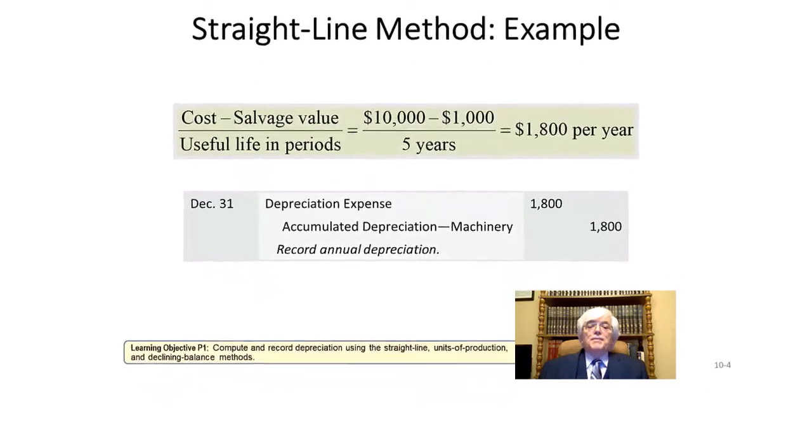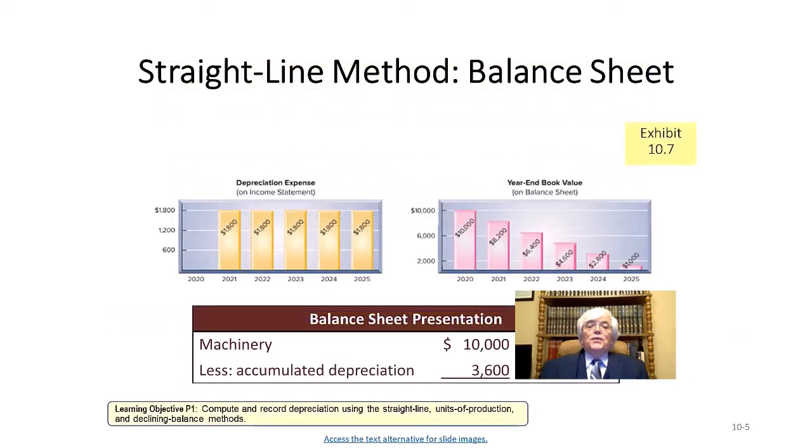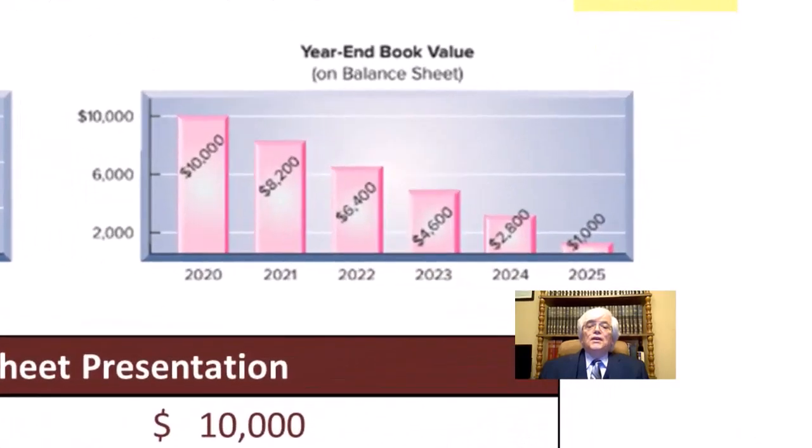As we saw in Chapter 3, depreciation is recorded with a debit to depreciation expense and a credit to the contra asset account, accumulated depreciation. Exhibit 10.7 shows a graph of the asset's book value, cost minus accumulated depreciation, from year to year. The graph shows, you guessed it, a straight line.